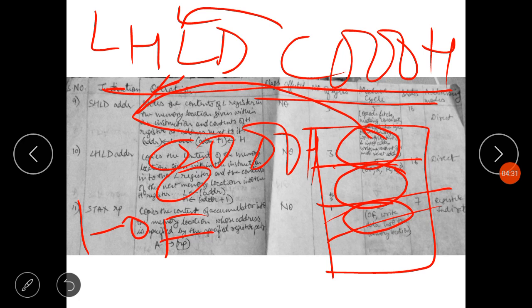So the next machine cycles will be used by the microprocessor to fetch the address of that memory where the content is stored. The second machine cycle is a memory read machine cycle for reading the lower byte of the address, and the third machine cycle will be used for reading the higher byte of the address.